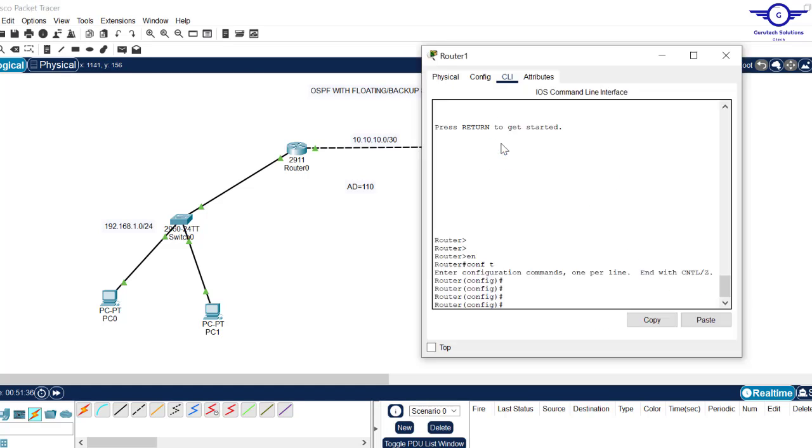We are telling this router that if you want to go to the destination 192.168.1.0 with a mask of 255.255.255.0, then follow this path.